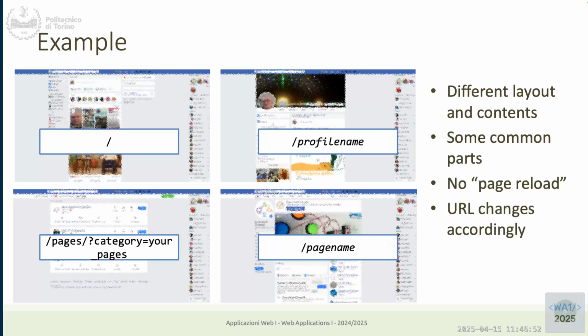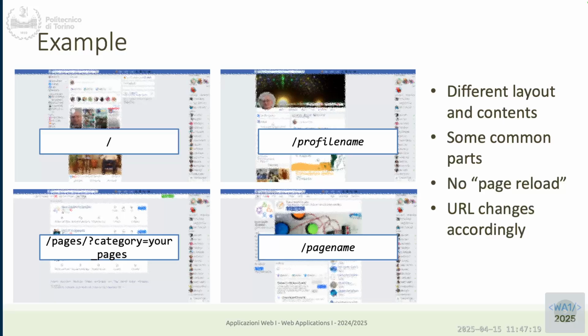This was an example from the Facebook website that first developed this library, saying, okay, the website is the same, the application is the same, but according to the URL, you get different views on your Facebook page, or if anybody still remembers what it was or what it is. But there are not really different pages.